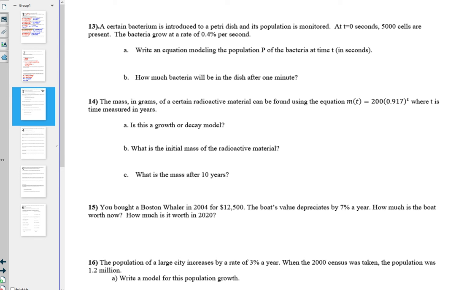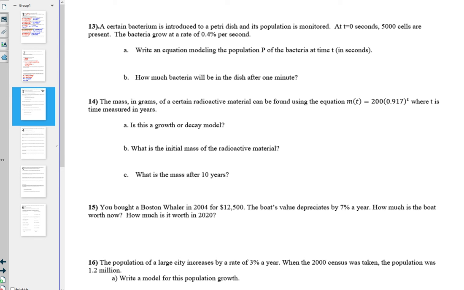All right, let's do number 13. That one seems interesting. A certain bacterium is introduced into a petri dish and its population is monitored. At t equals 0 seconds, before any time has passed, 5,000 cells are present. The bacteria grow at a rate of 0.4% per second.